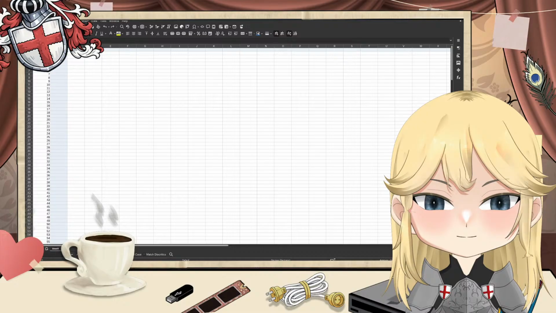Then I will do equals sine of... we want 255 to map onto 2 pi, so this divided by 255, 256, right?